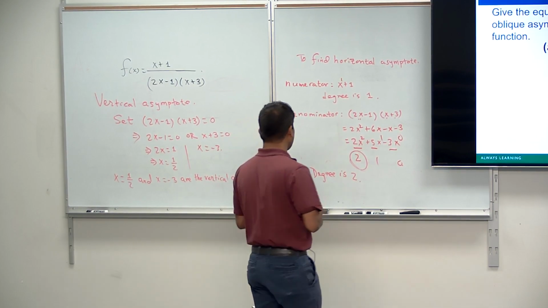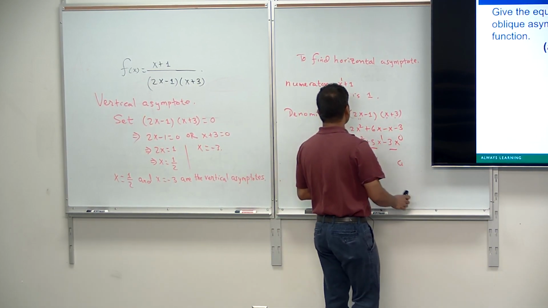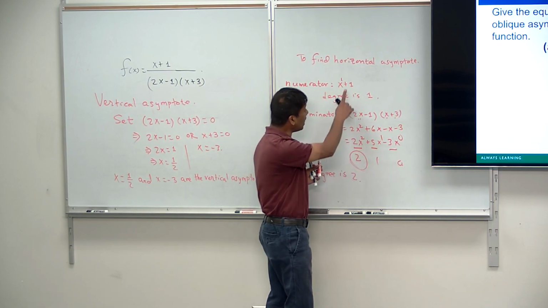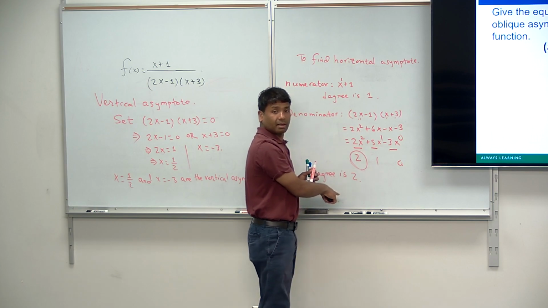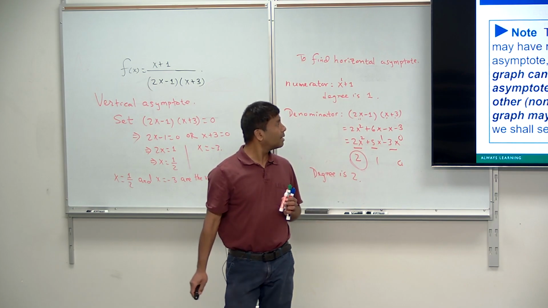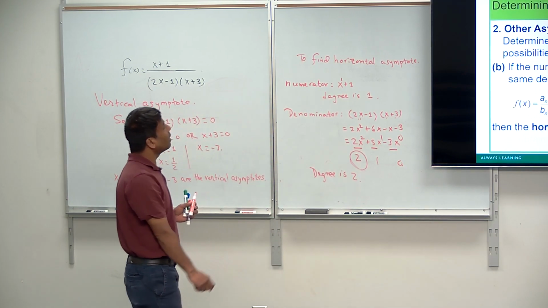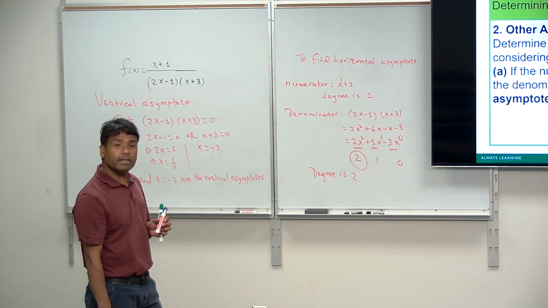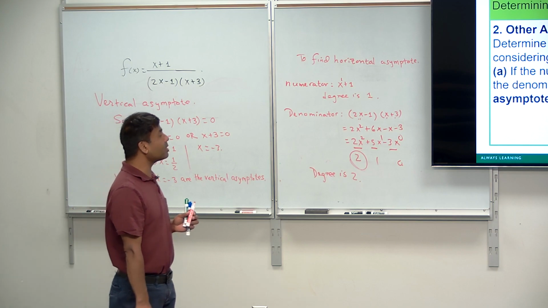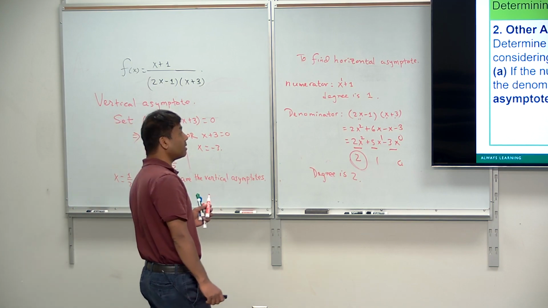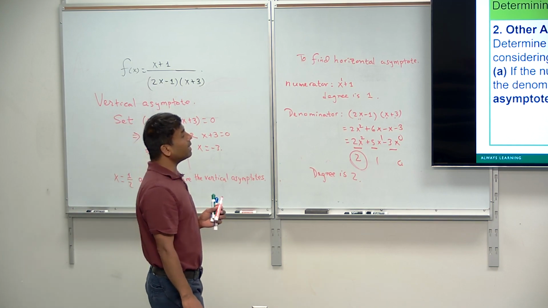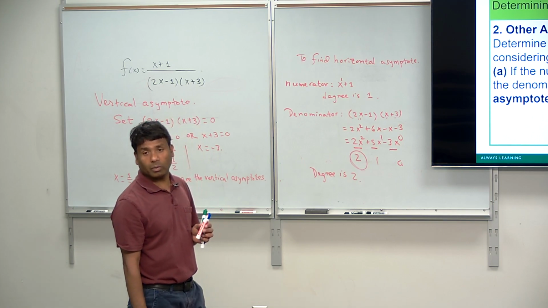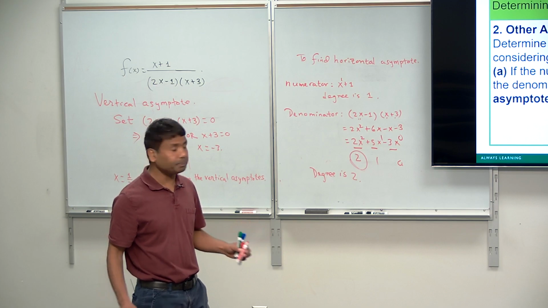So now, are you guys with me? Here, what is the degree of the numerator? 1. What is the degree of the denominator? 2. 1 is less than 2, right? In that case, look here. If the numerator has lesser degree than the denominator, then there is a horizontal asymptote y equals 0, which is the x-axis.